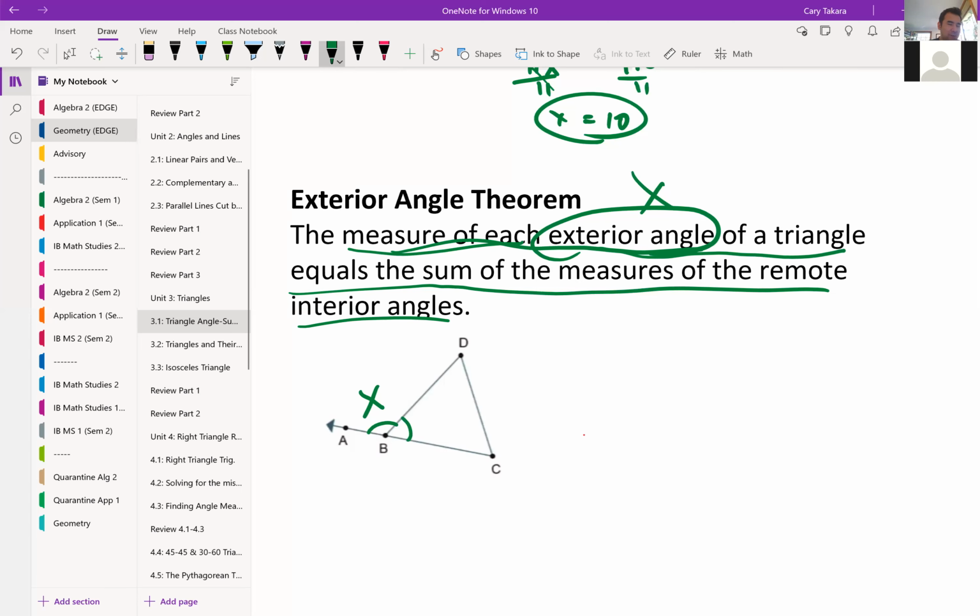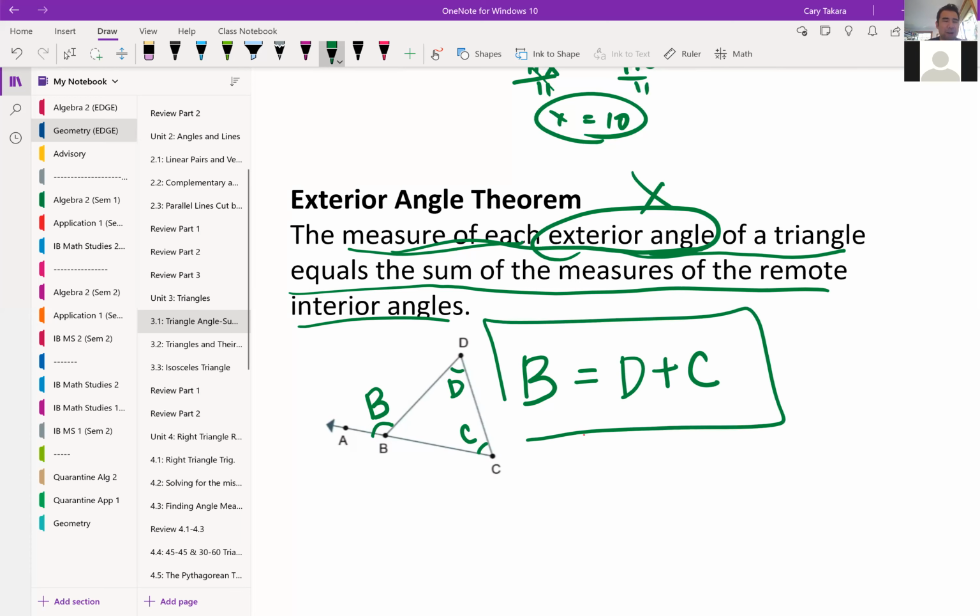This is not a remote interior angle, but these two are. Actually, let's call this B, okay? Angle B. What it says is X equals B plus C. That's what the exterior angle theorem is.